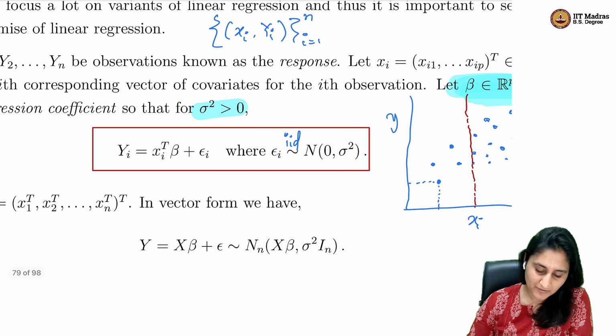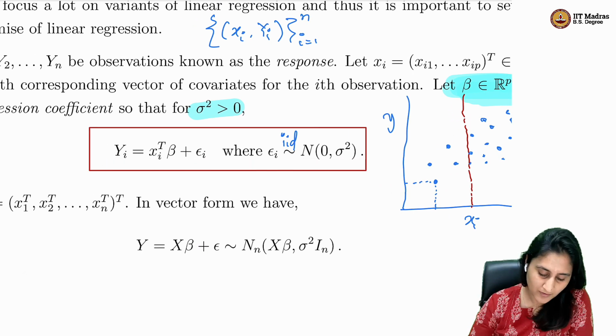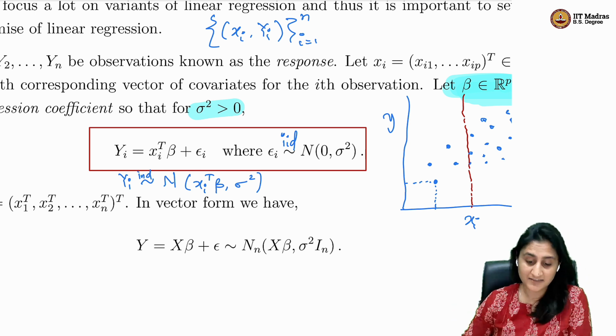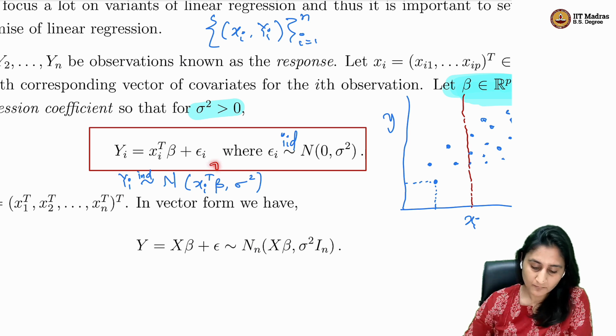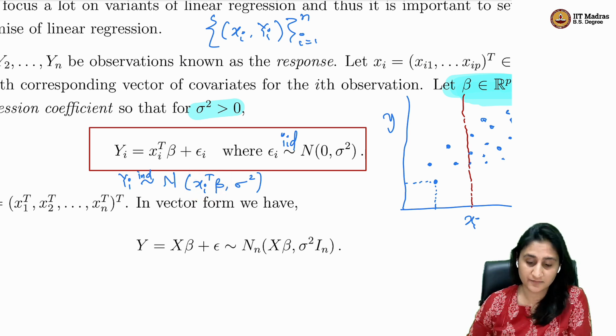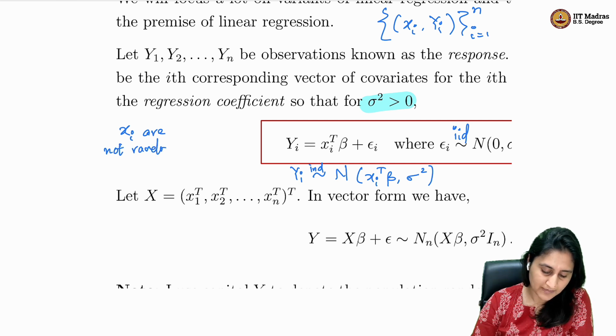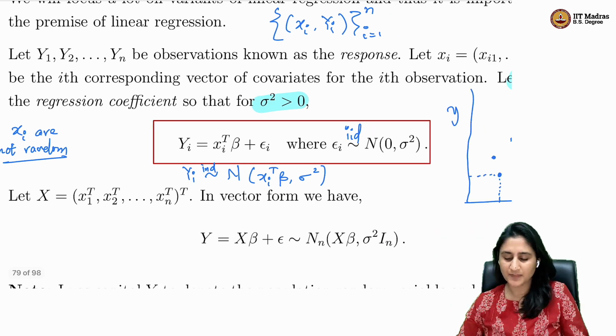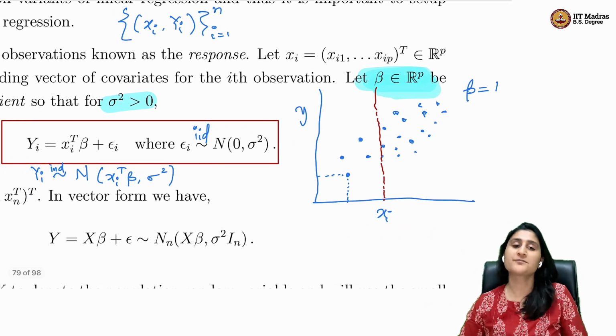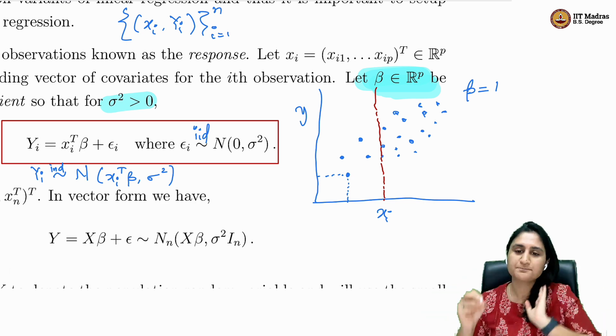So let me rewrite this whole statement in the following way: yi follows normal xi transpose beta comma sigma squared, all independent of each other. And these xi's are not random, they're fixed. So let me also write that information: the xi's are not random, at least for the moment. They can be random, and there are different ways of thinking about it. But for now, we're dealing with them as fixed.